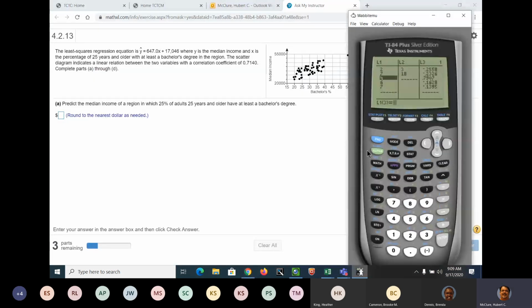I'm going to type in 0.25 times 647 and add 17,046. So 17,207 says round to the nearest dollar. So that'd be 17,208.